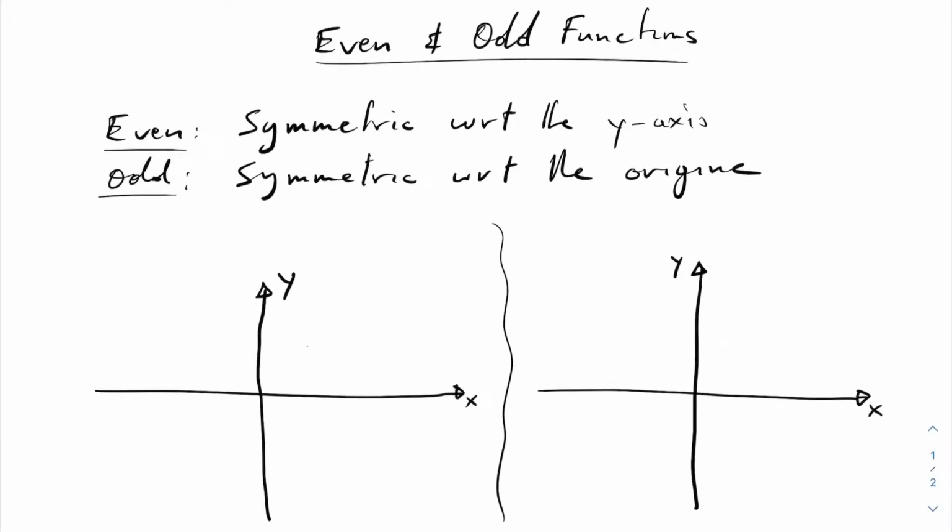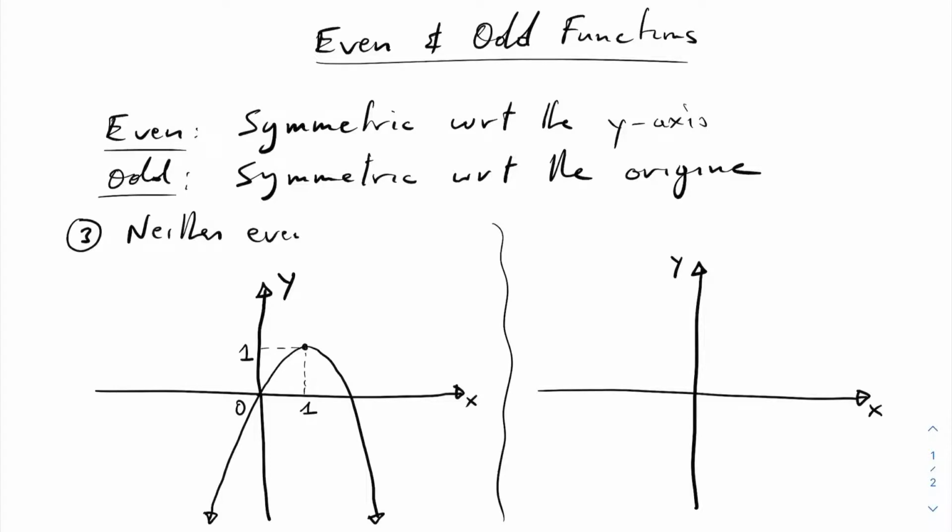The first example here that I'm going to draw is this particular one. As you can see, this graph is going through the origin, but it is not symmetric with respect to the origin, nor is it symmetric with respect to the y-axis. So this graph is actually neither even nor odd.